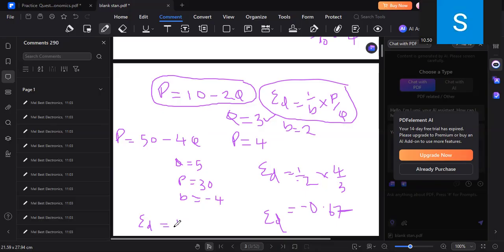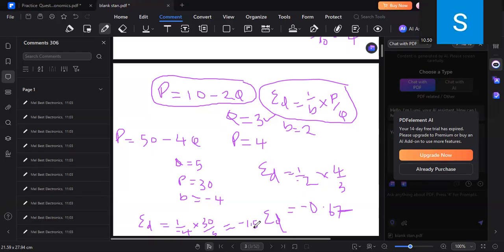All right? So -4 there. Our price is what? 30. Quantity is what? 5. So this will be 30 over 20, which is 1.5 negative. What is your comment? It's 1.5, it's above 1, so inelastic.